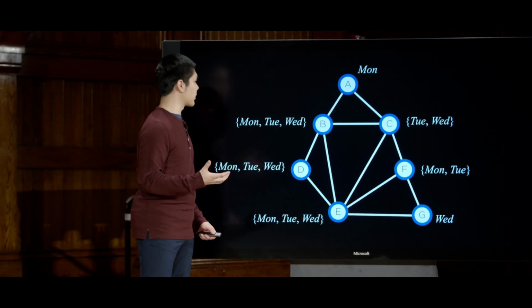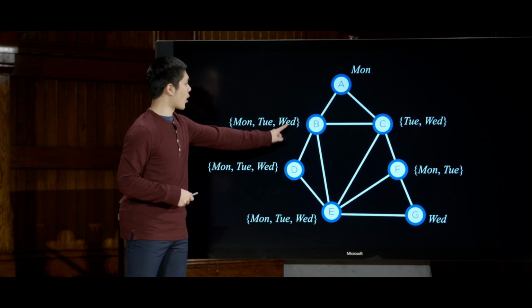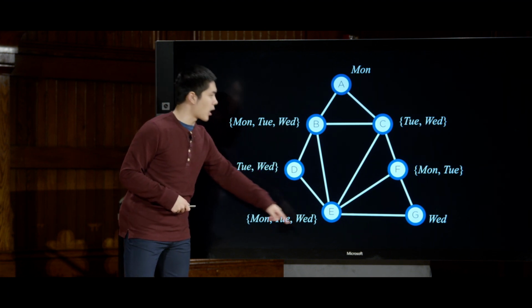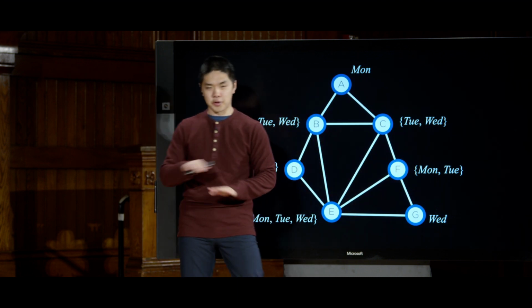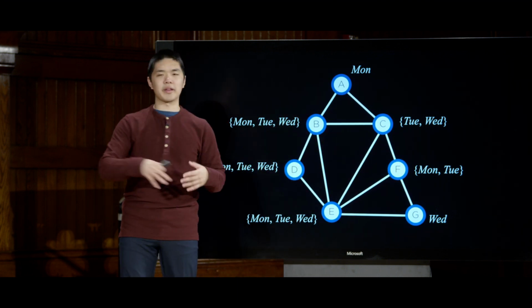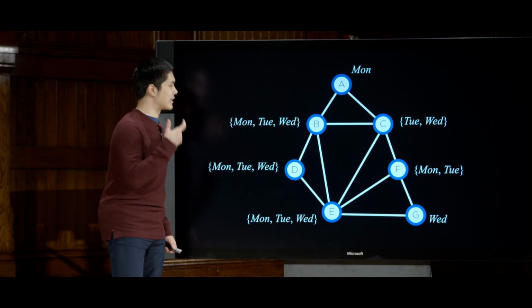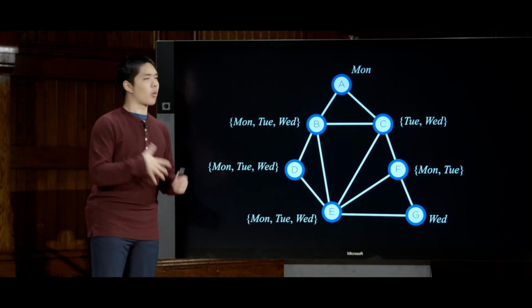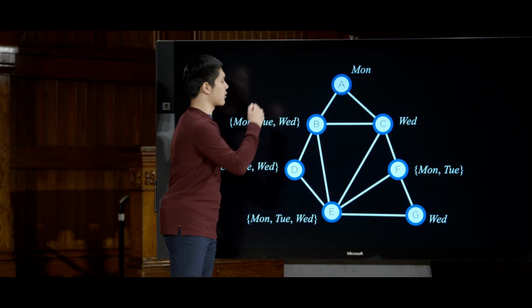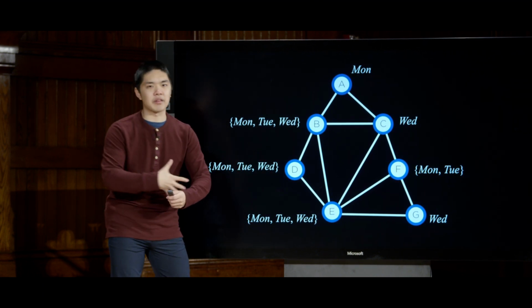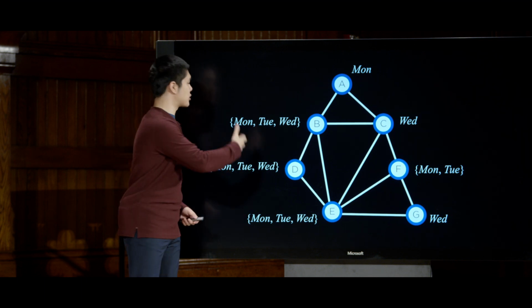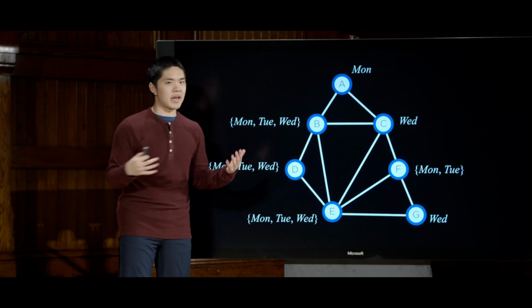And what about choosing Wednesday? Well, choosing Wednesday would rule out one option here, and it would rule out one option there. And so I have 2 choices. I can choose Tuesday that rules out 3 options, or Wednesday that rules out 2 options. And according to the least constraining value heuristic, what I should probably do is go ahead and choose Wednesday, the one that rules out the fewest number of possible options, leaving open as many chances as possible for me to eventually find a solution inside of this state space.